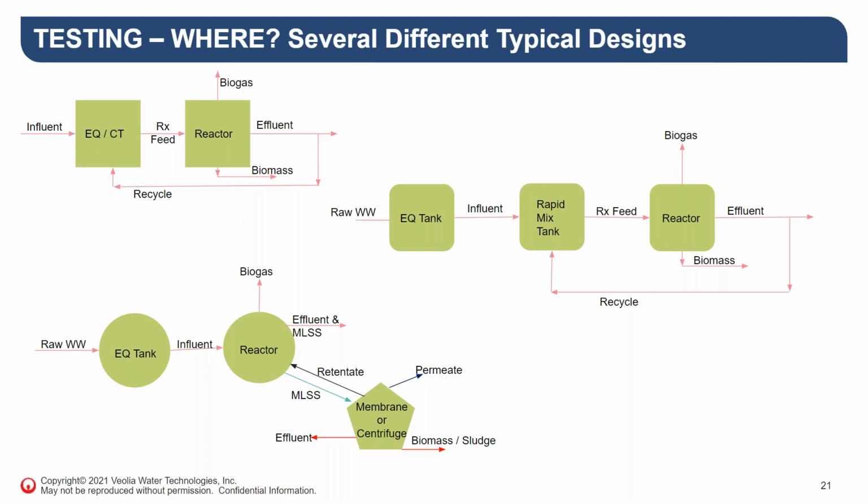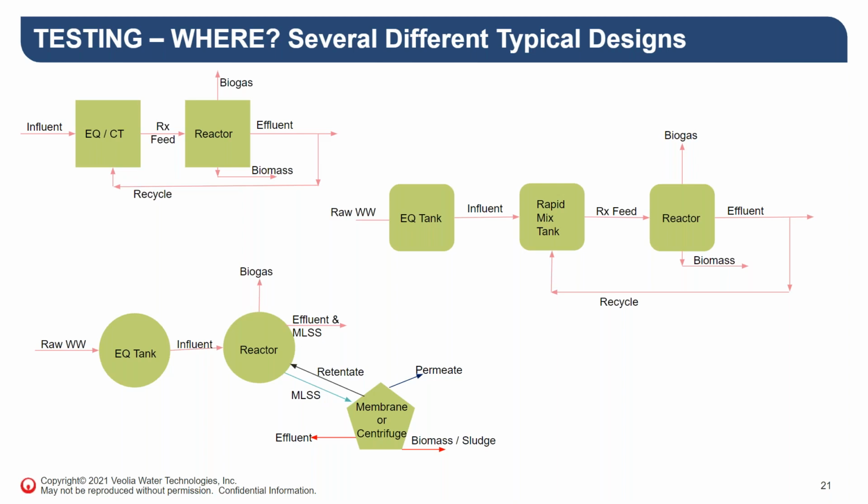In our new basic flow diagram, we have raw wastewater that goes into an equalization tank, a gigantic equalization tank with a pretty long hydraulic retention time. And from the EQ tank, we go into a rapid mix tank, which typically has a hydraulic retention time of less than half an hour, so maybe 20 minutes or so. From the rapid mix tank, we have a constant feed rate into the reactor.